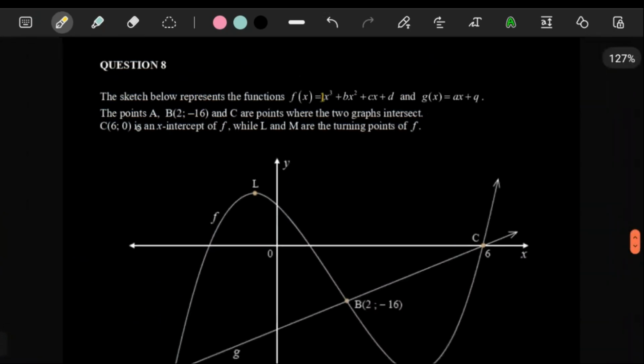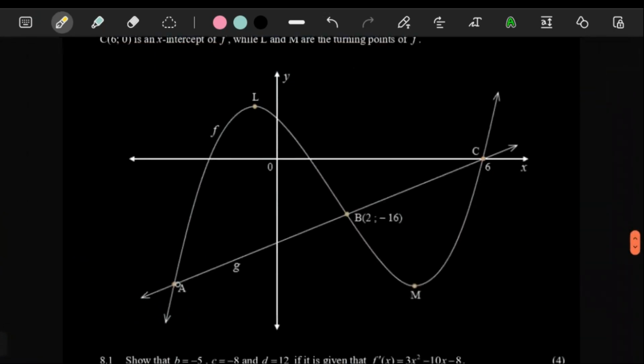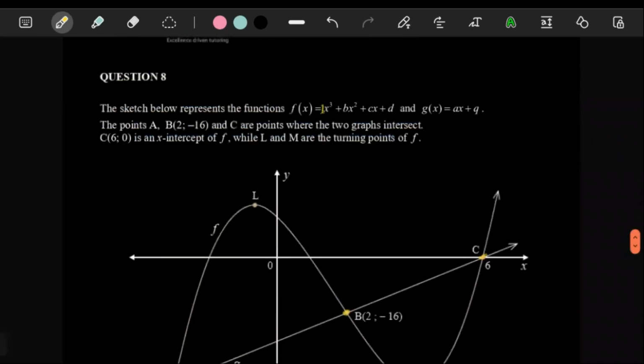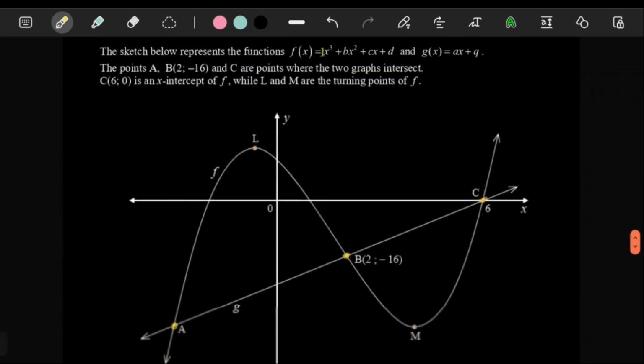Let me see here, A, B, and C. There's A here, B here, C here. Okay, fantastic. Those are the points where the graphs meet. And then it says here, the points A, B, and C are points where the two graphs intersect. Okay, fine.